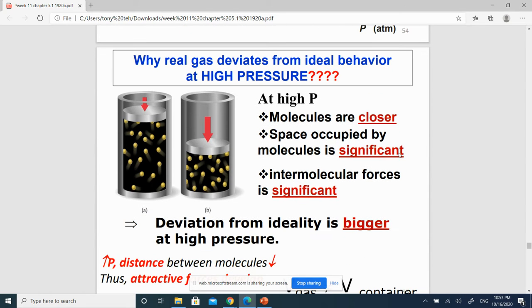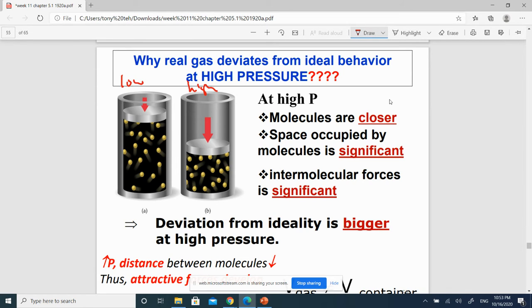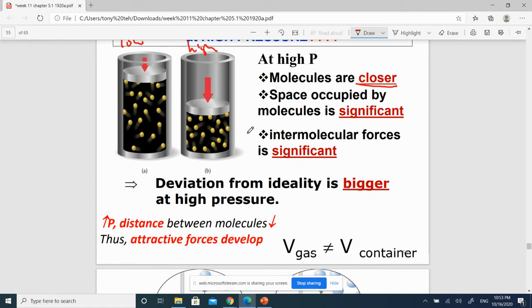So why does real gas deviate from ideal behavior at high pressure? We can look at this. This is low pressure. This is high pressure. At high pressure, the molecules are closer and the space occupied by molecules becomes significant. Thus, the intermolecular forces are significant.